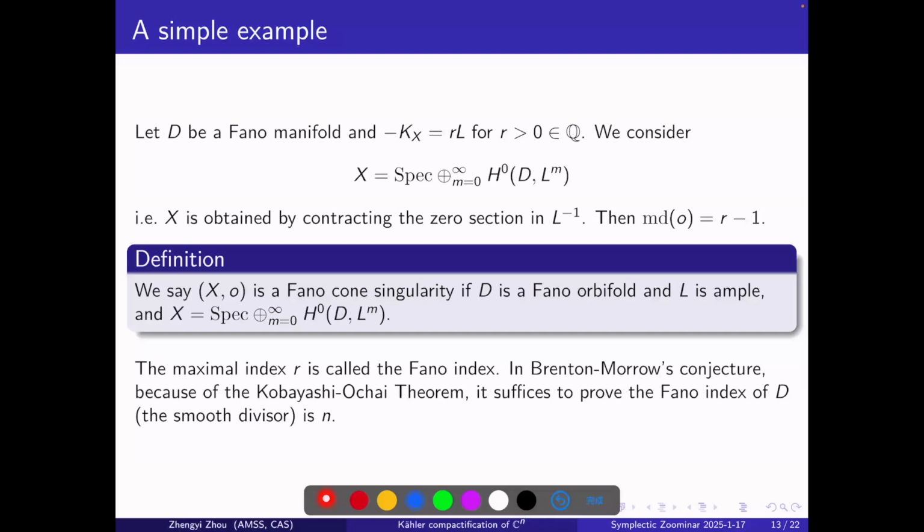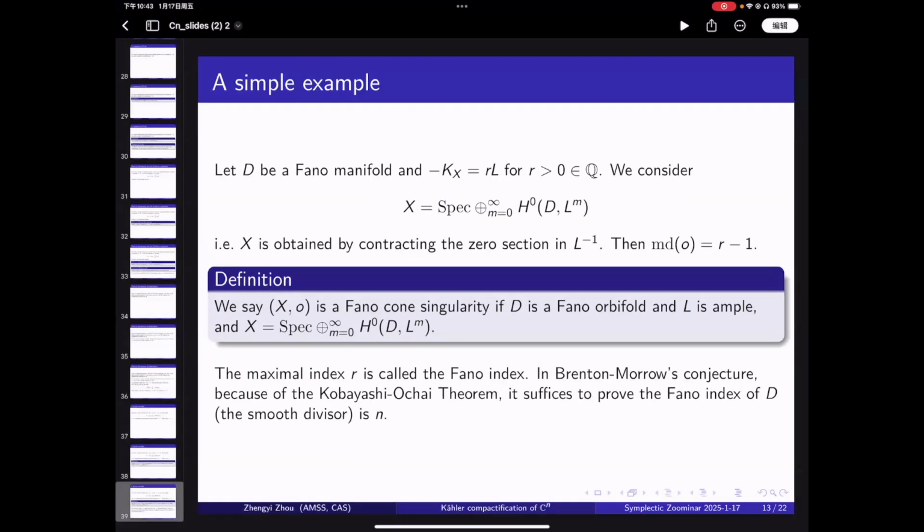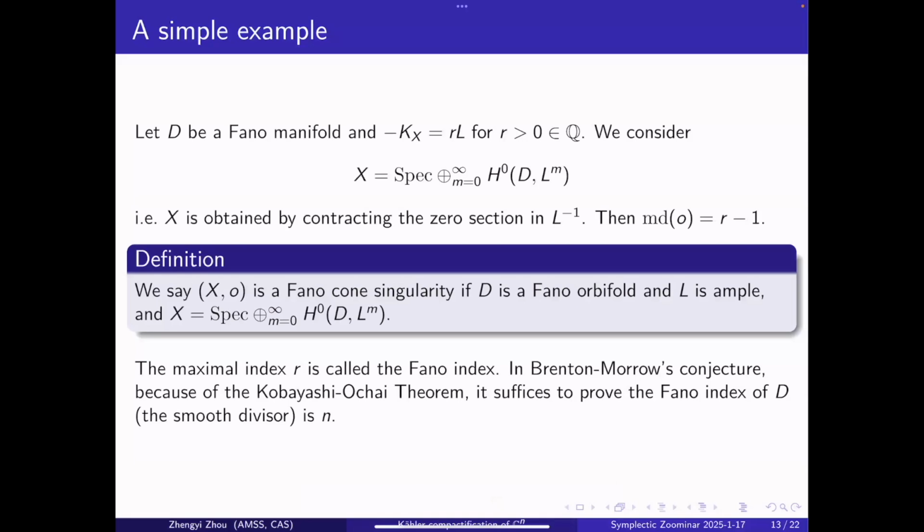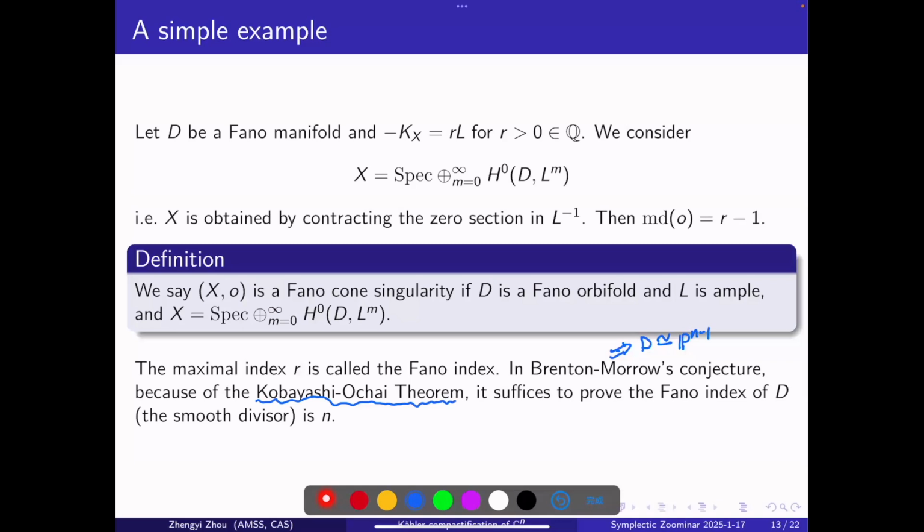That is, the maximum r such that you can find the ample line bundle L such that this holds is called the Fano index. And in Brenton and Morrow's conjecture, they show that the conjecture reduces to D being biholomorphic to CP^{n-1}. And there's a classical result due to Kobayashi-Ochiai, which says if the Fano index of some n-1 dimensional manifold X is n, that will imply that X is CP^{n-1}.